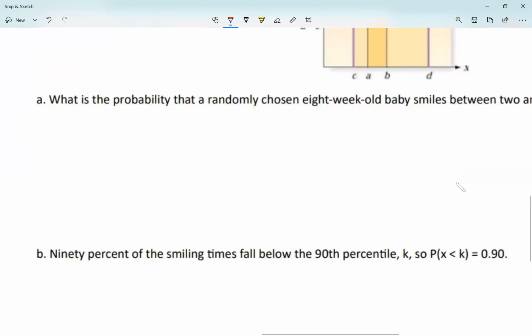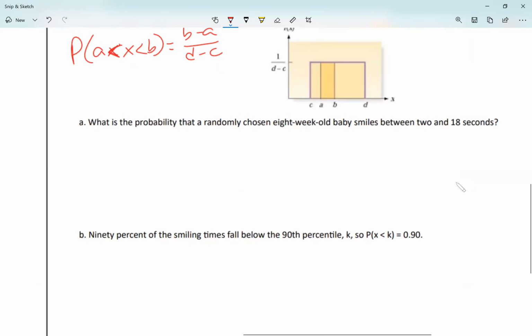Let's take a look at an example. What is the probability a randomly chosen 8-week-old baby smiles between 2 and 18 seconds? Okay, so I'm asking, what's the probability that X is in between 2 and 18? Because remember, it says, what's the probability that a randomly chosen 8-week-old baby smiles between 2 and 18 seconds?